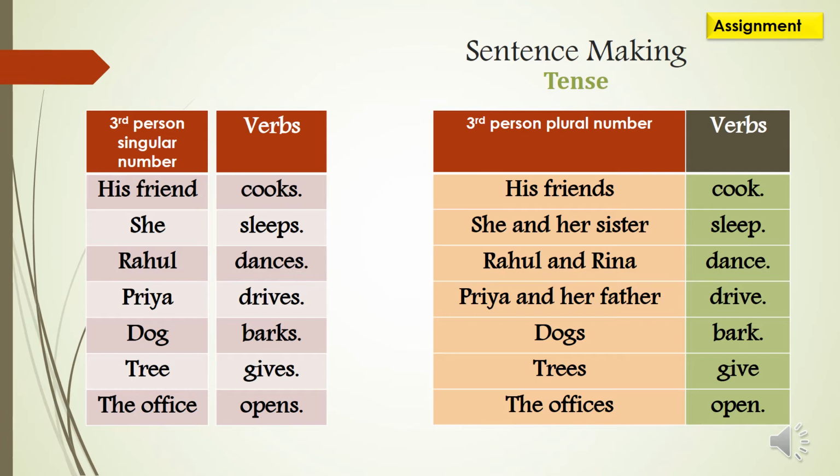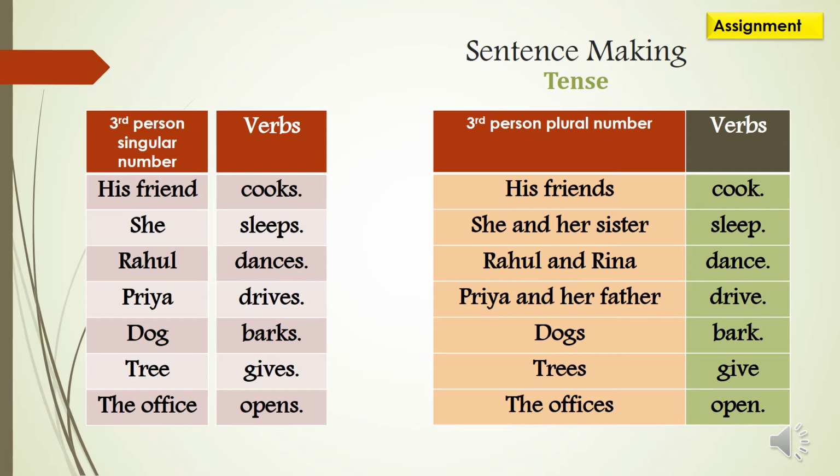But Priya and her father drive. Look, Priya drives. But Priya and her father drive. No need of s with the verb because Priya and father already is a plural number. 2 people. So drive. Only the verb. Dog barks. You know that the call of a dog is called bark. So a dog barks. But dogs, when it is used in plural form, dogs bark. So notice the change.